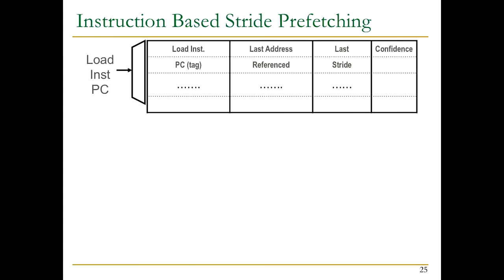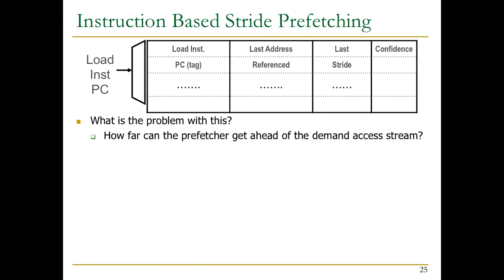So basically, whenever you fetch the load again, you look at the last address referenced, look up. If the stride is confident, you take that last address, add to it the stride, and generate a prefetch request. Right? So if the load is A plus 3, A plus 6, A plus 9, then this works nicely. Now, there's one problem with this, which is the look-ahead problem. The prefetcher may not get very far ahead of the demand access stream, right?